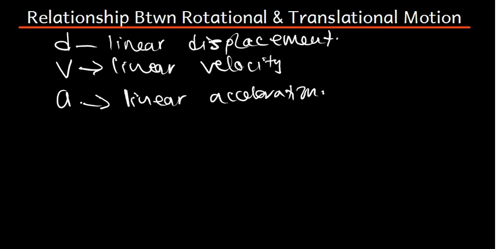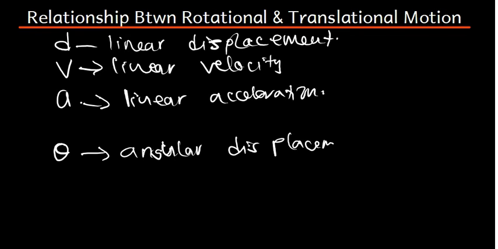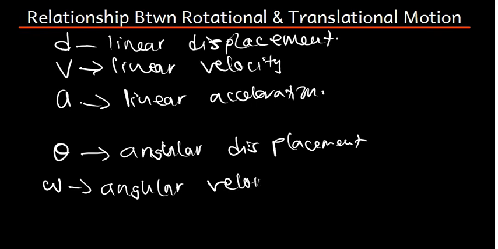Now, when we come to circular motion, this d is represented by theta, which we call the angular displacement. The velocity is represented by the symbol omega, which we call the angular velocity. Then the acceleration is represented by the symbol alpha, which we call the angular acceleration.